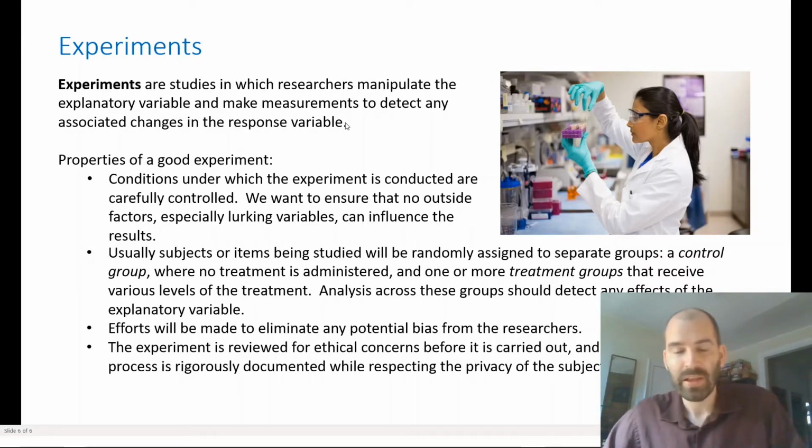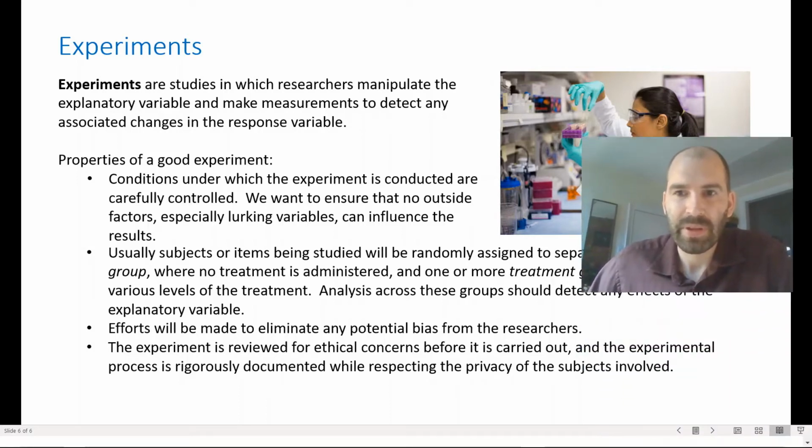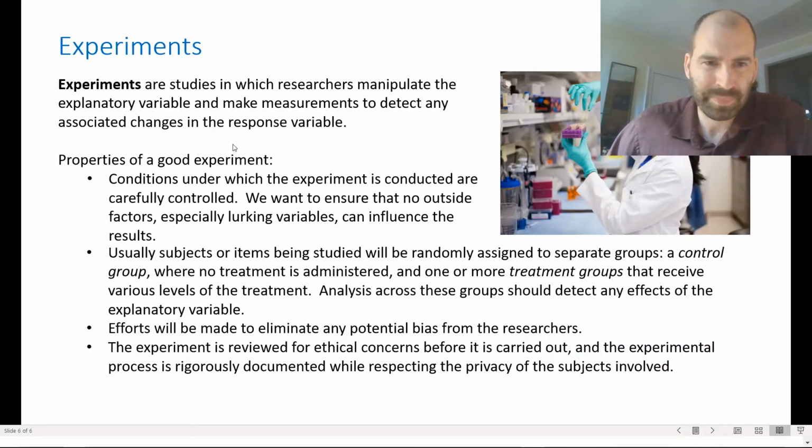All right? So we'll look at an example of an experiment later, but let's go through these properties of a good experiment. So number one here, the conditions under which the experiment is conducted are carefully controlled.